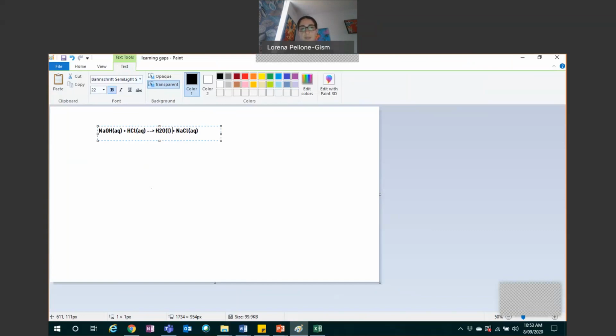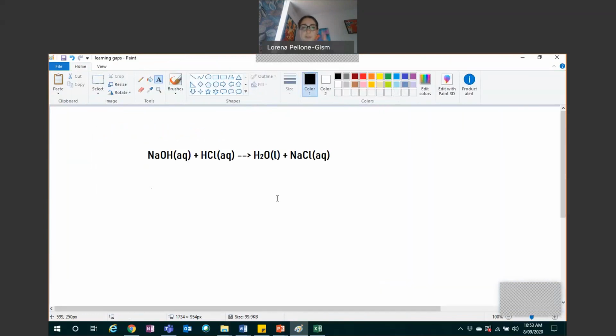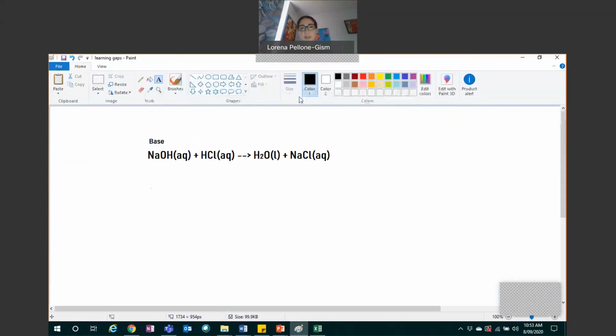What does this actually mean? I'm going to just make that a little bit smaller. Okay, so what does this actually mean? I'll just zoom in here. We start off with a base, and we know that in universal indicator, a base comes out purply blue.